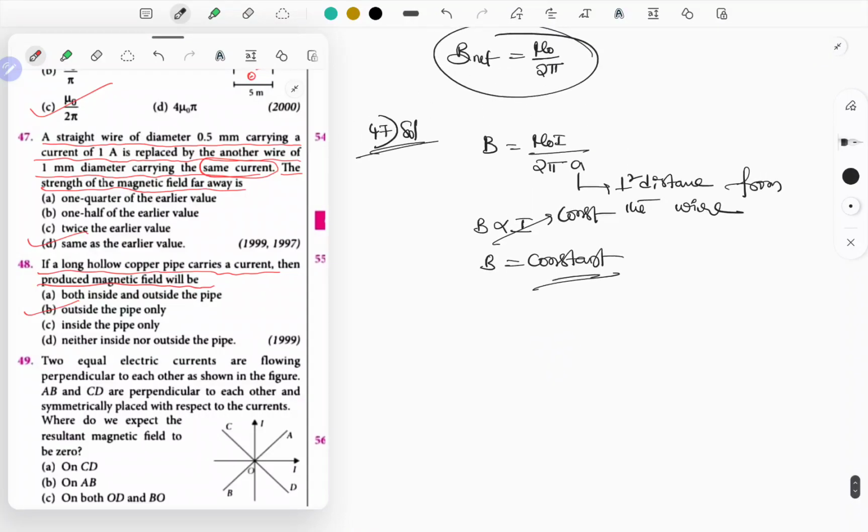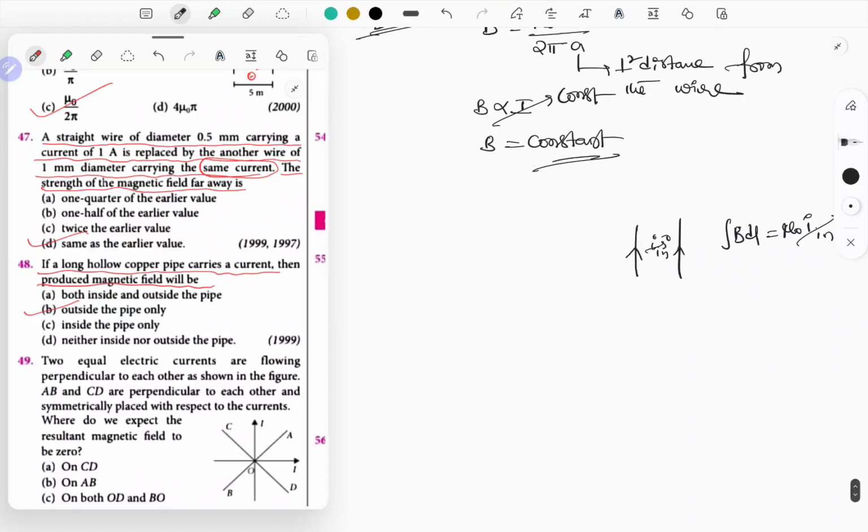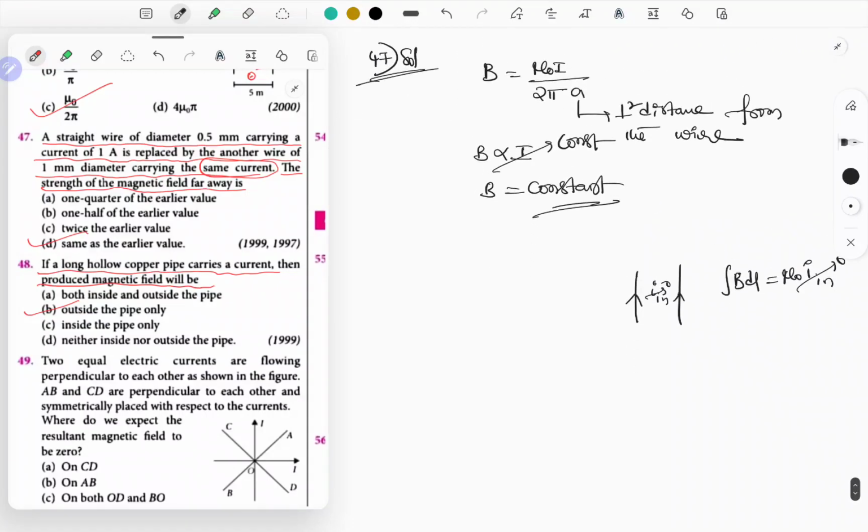Inside there is no current, right? Look at this, this is a hollow pipe. Is there any current inside? Current inside is 0. Current flows on the walls of the pipe. So if you use Ampere's circuital law, I inside is what? 0. So it is not suitable. So that's why the magnetic field is present only outside, not inside.